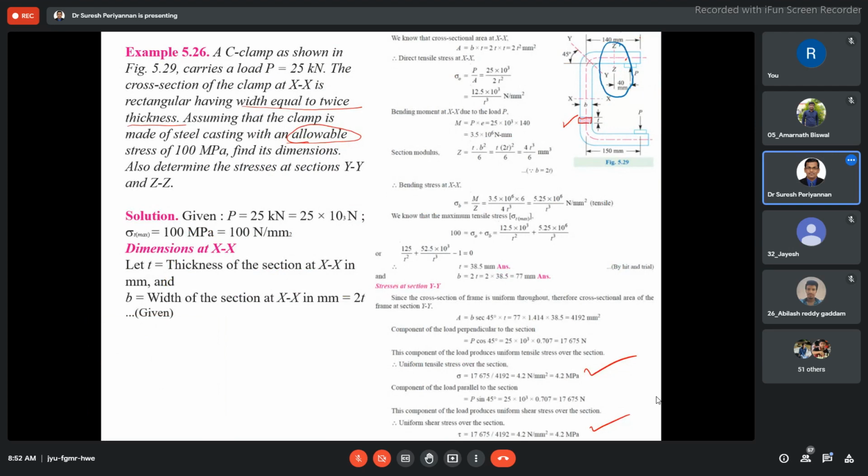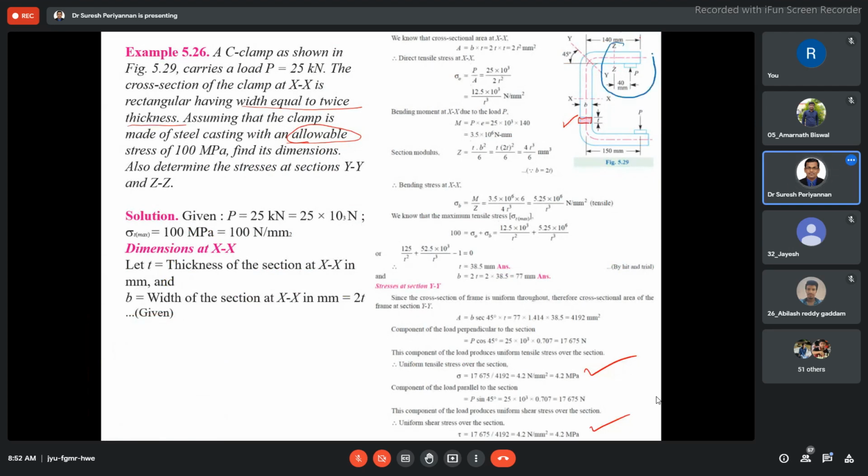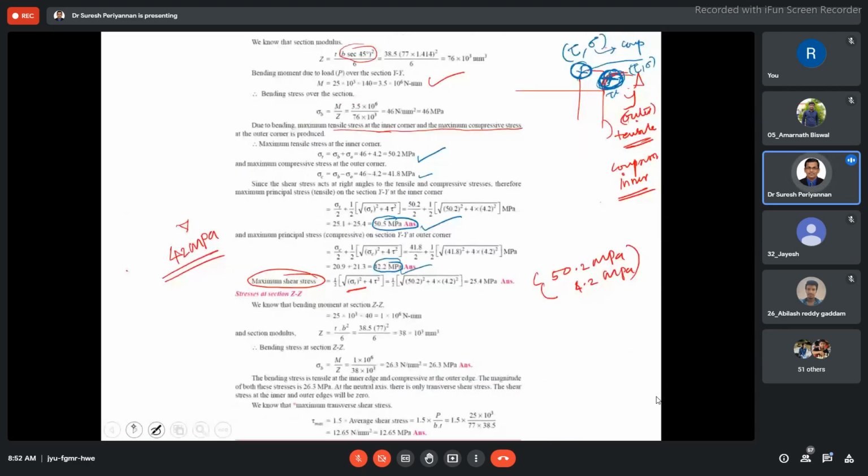Section ZZ is offset 40 mm, 40 mm away from the force acting on the clamp. This is our region of interest now, especially this region, 40 mm from where the load is acting.